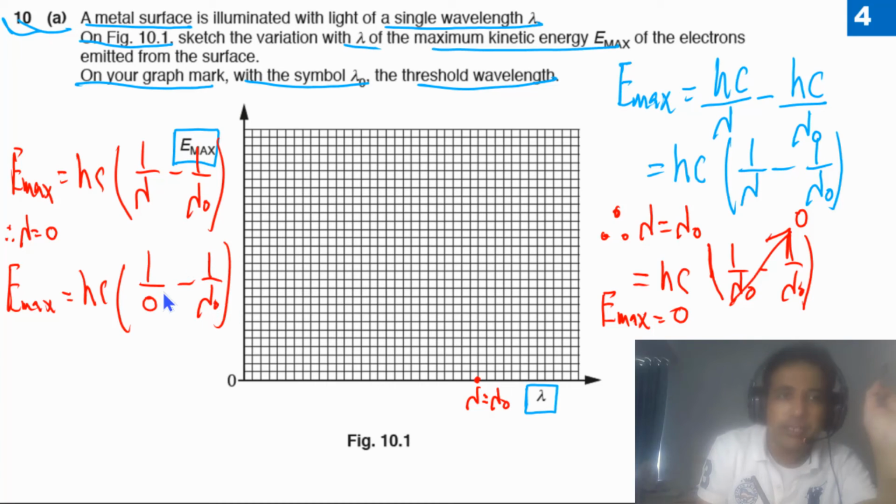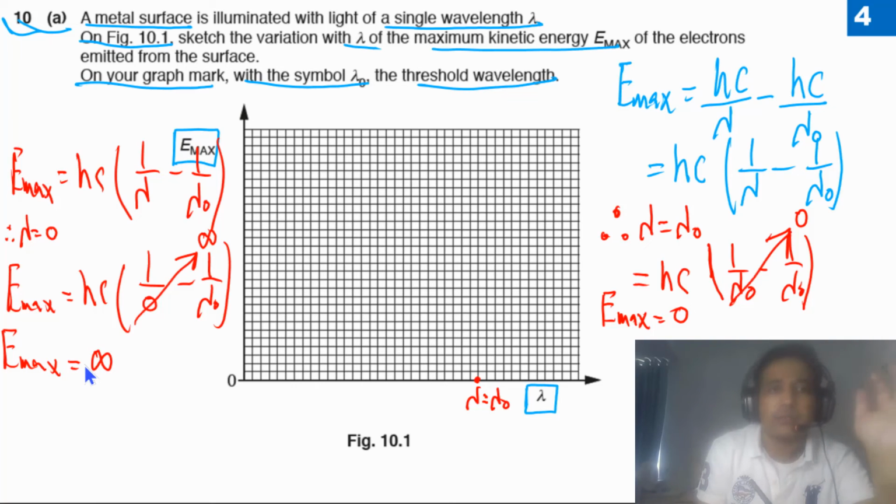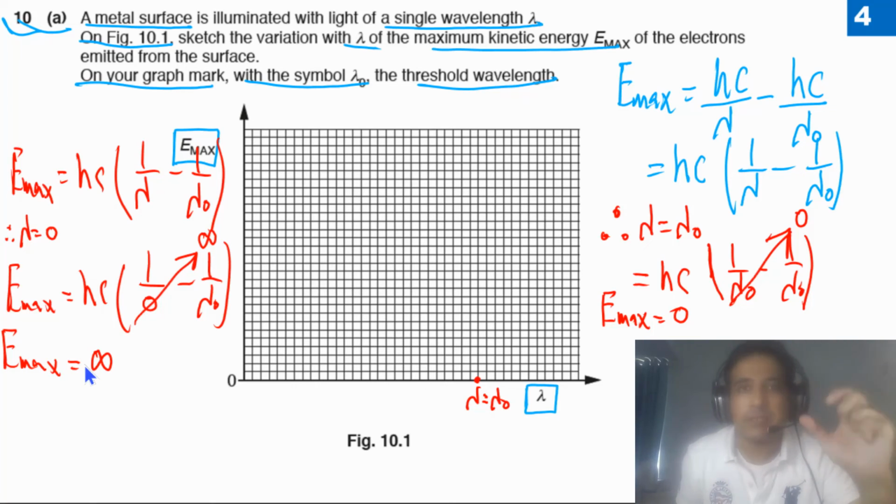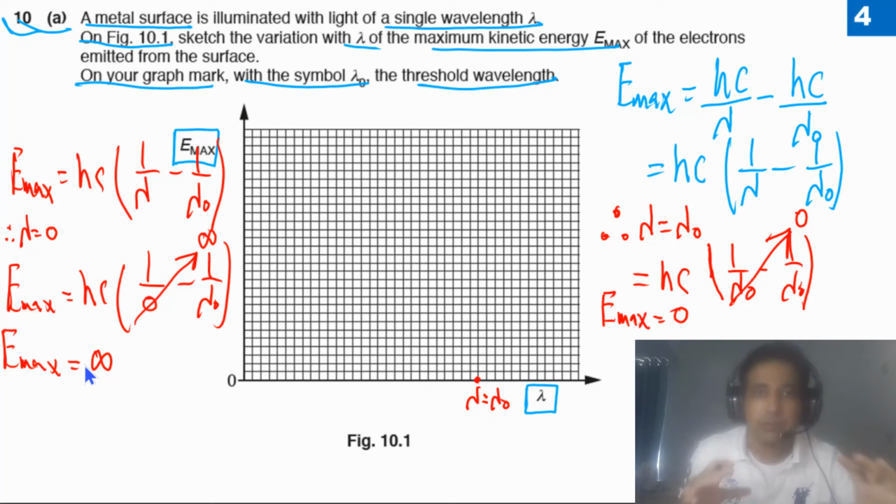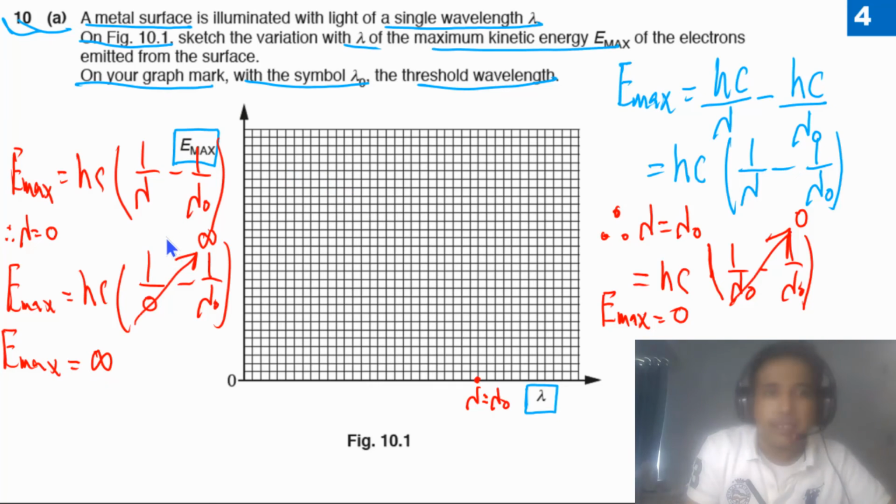So Emax will be infinite. This is an extreme case. Physically this is not possible, but for the sake of understanding this question, mathematically we can assume that when lambda is equal to 0, Emax will never reach a maximum value, it goes to infinity.